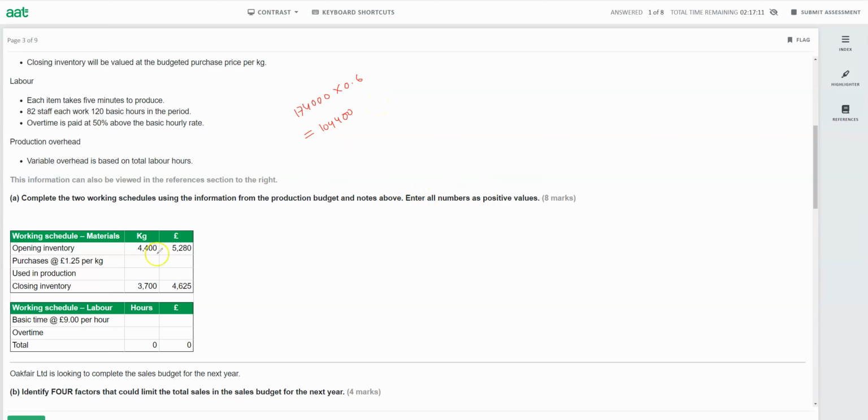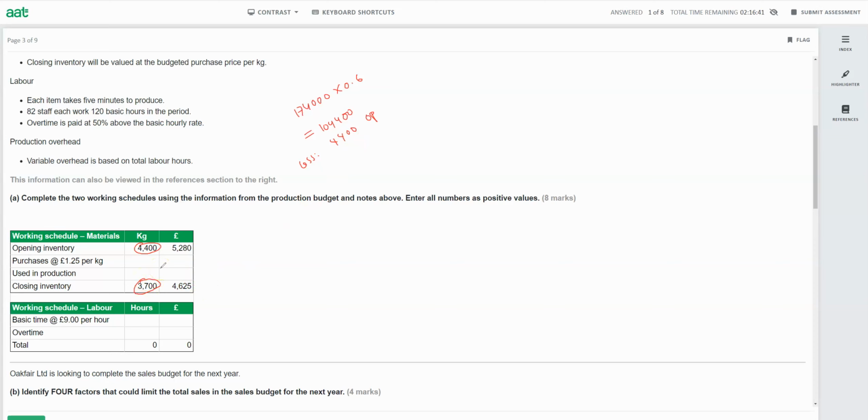Now we need to see how many kilograms we already have. So you already have 4,400 kilos. We already have 4,400 kilos, so we don't need to buy that. So it's minus 4,400. That's the opening stock we already have in the warehouse. So we really don't have to buy it. But at the end of the period, we like to keep 3,700 as closing.